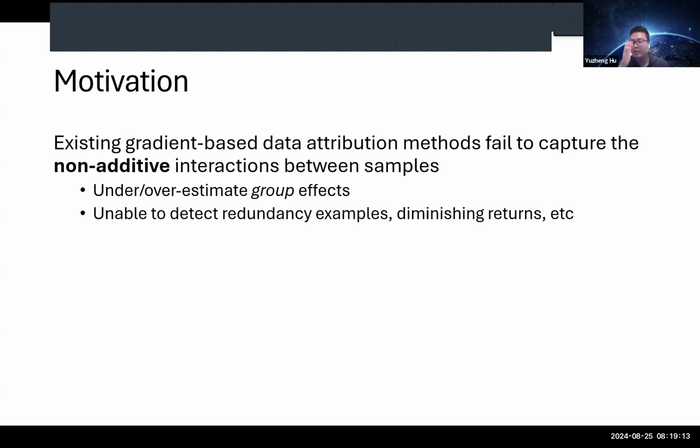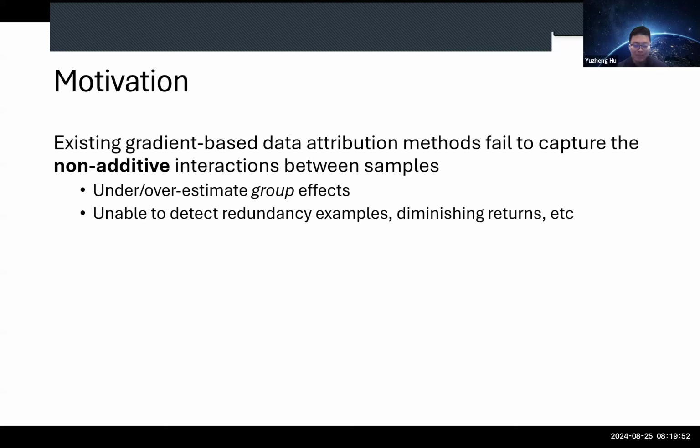And also, if you really focus on the training dynamics, doing some trajectory-based analysis, such as TracIn, then another drawback of this approach is that they are unable to detect some nonlinear relationships between samples, for instance, redundant examples, diminishing returns, etc. For instance, if you train a model on a data sample in a previous iteration, and then in a later iteration you train on the same sample, then the gain that you obtain from these two iterations is clearly different.